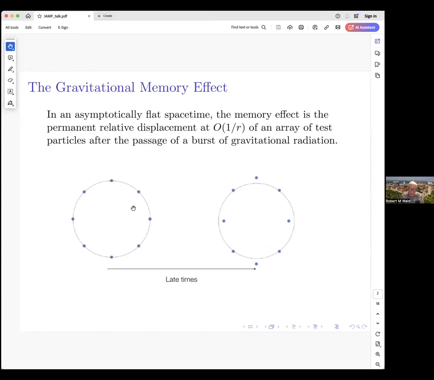Just to put that on the table and make it clear, this is a physical, potentially observable effect. Suppose we have some array of test particles like I've drawn, initially arrayed in a circle the way I've drawn it.